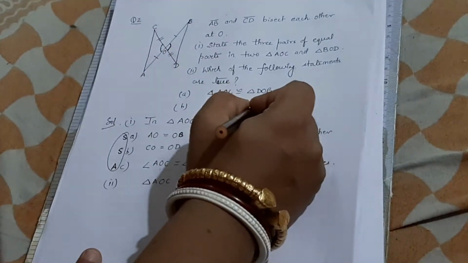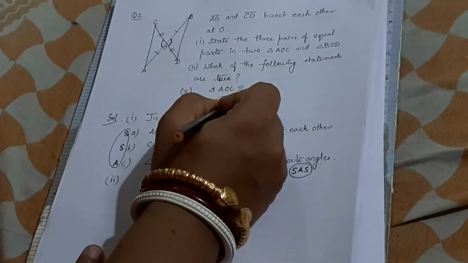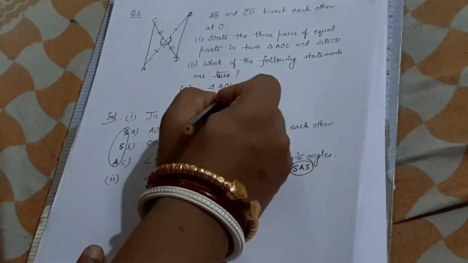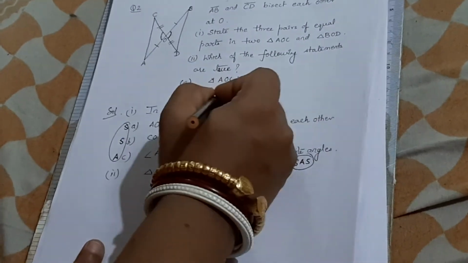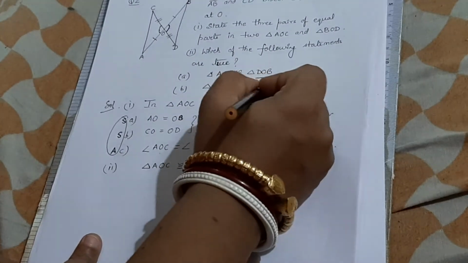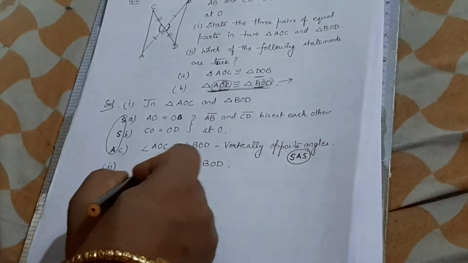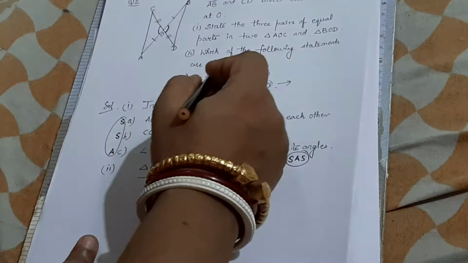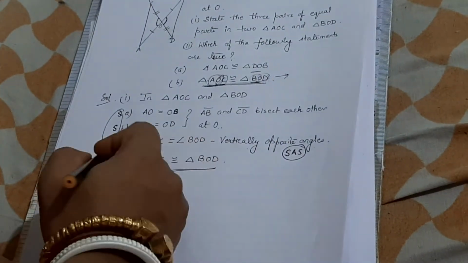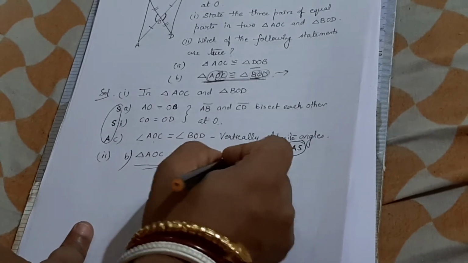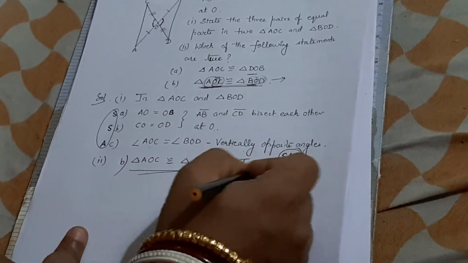So therefore, AOC will be congruent to BOD because AO is matching with BO and OC is matching with OD. So this is correct. So the question is, which of the following statements are true? The B part is true. In the second question, the B part is true. Clear? Thank you.